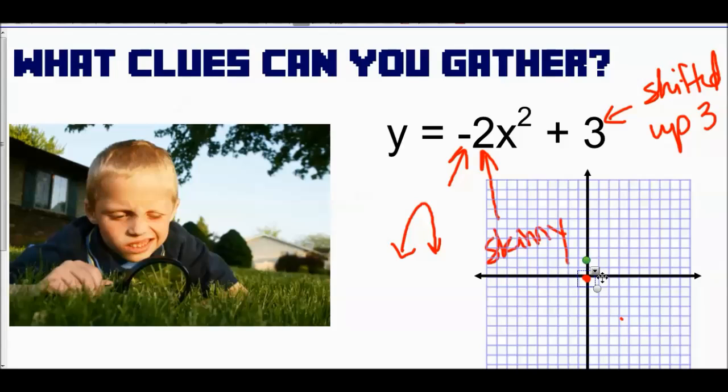Actually, the vertex is not at 0, 0. I lied about that. My apologies. The vertex is shifted up 3. So 1, 2, 3. It's going down and it's really skinny. So it's going to look something like that. So it's down because it's a negative. It's skinny because it has a coefficient of 2, the x squared term does, and it's shifted up 3 units because of the c term plus 3.